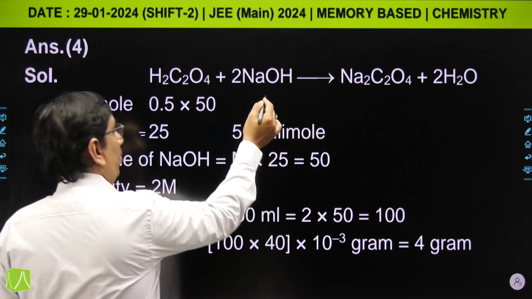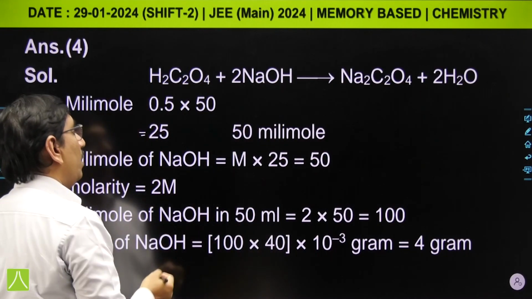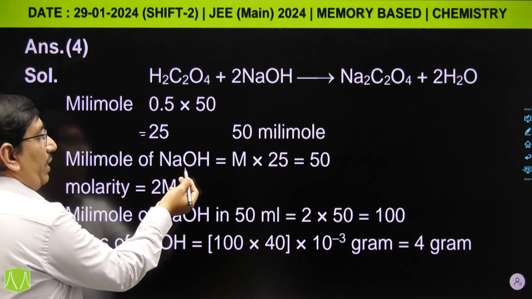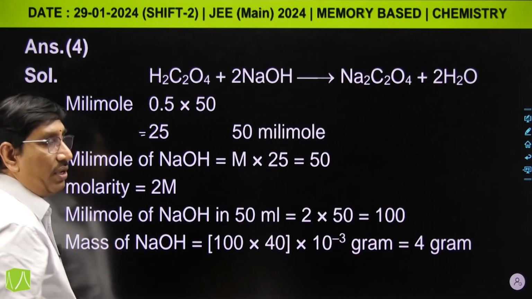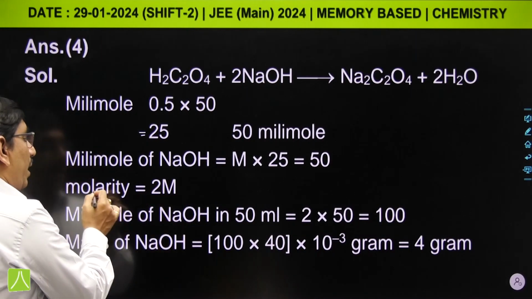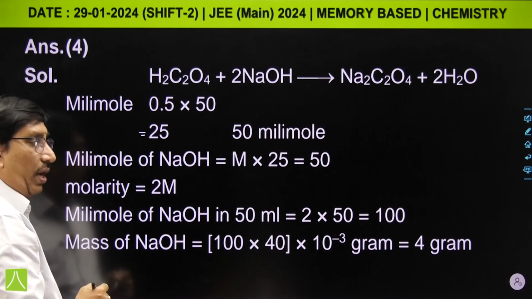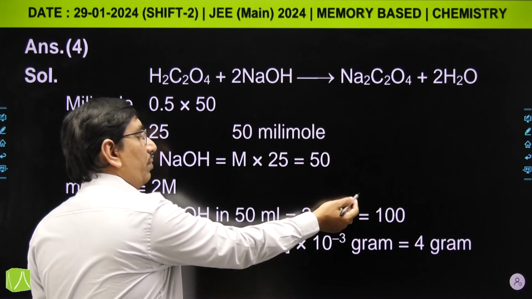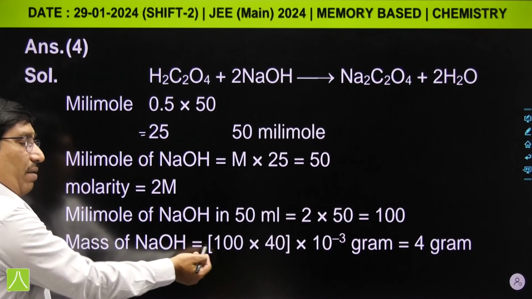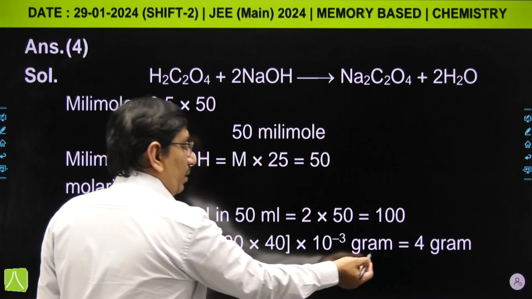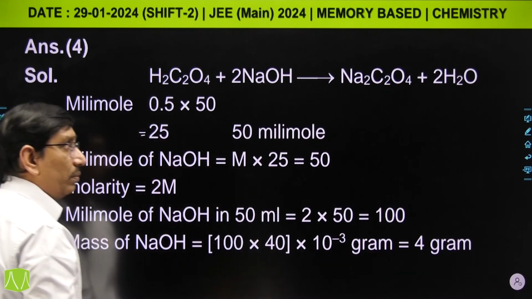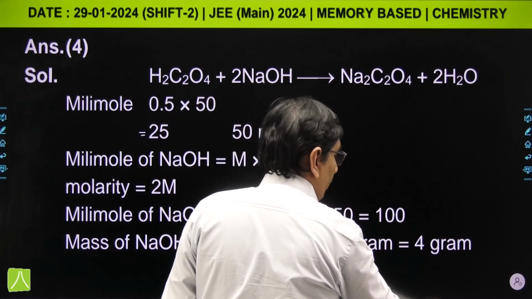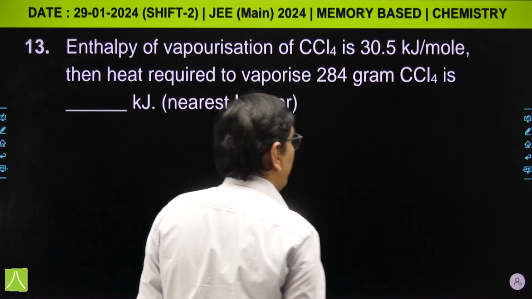Now if you apply the law of equivalence, millimoles of NaOH equal molarity into 25, that equals 50, and molarity is 2 molar. Now millimoles of NaOH in 50 ml equal 2 into 50, that is 100, and if you calculate the mass of NaOH, it will be equal to 4 gram. So the answer can be 4, because you have to give the mass of NaOH in grams, 4 grams.